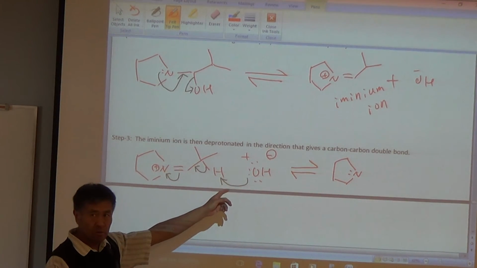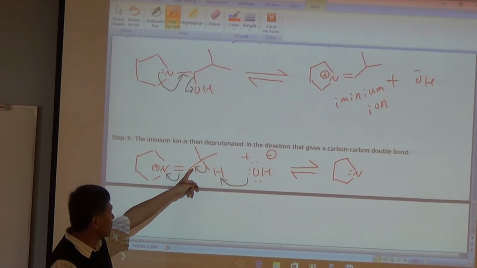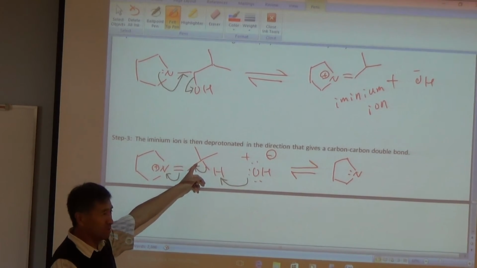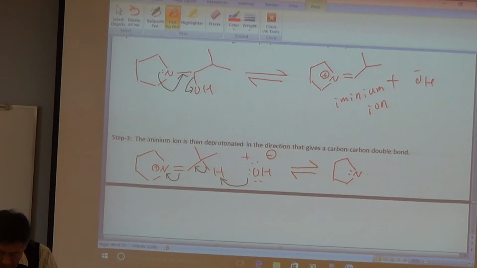The H goes away, and then you will have a double bond between this carbon and this carbon. See here, you initially had a single bond, now you have a double bond. HOH is H2O.